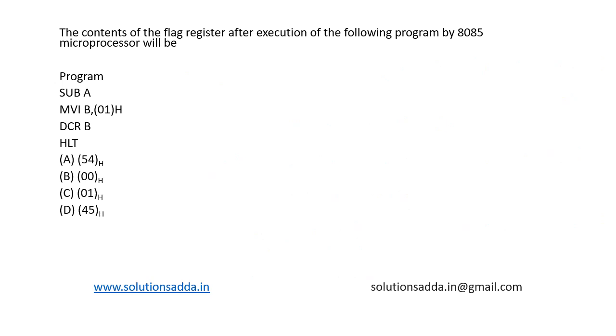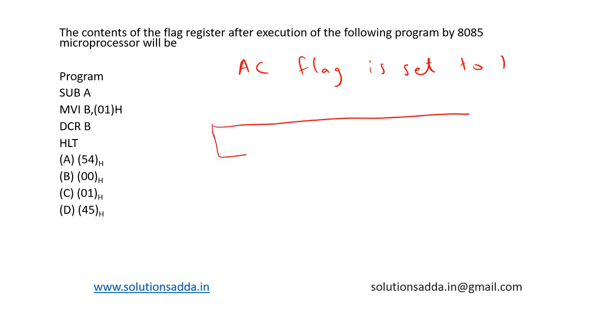So as a result, AC flag is set to 1. Carry flag will be unaffected in case of decrement operation. So the final status of the flags will be as follows. S will be 0. Z in the initial stage it was 1, so it is not modified.